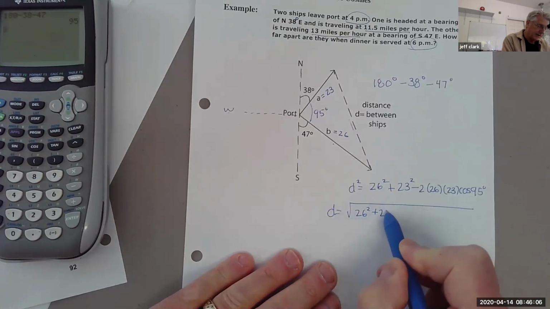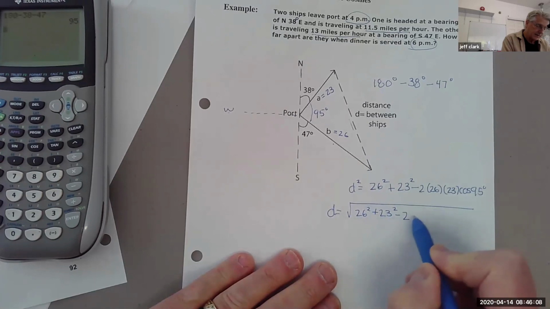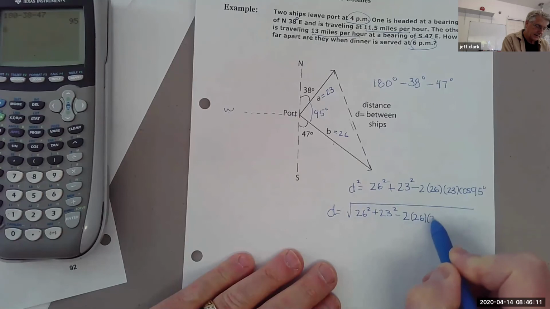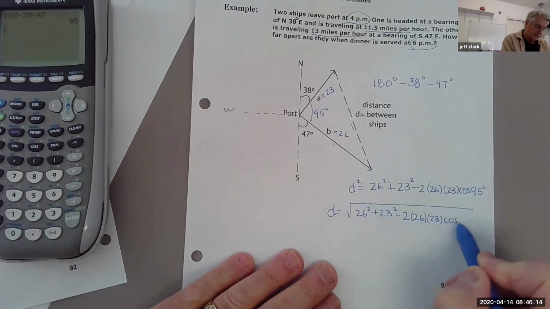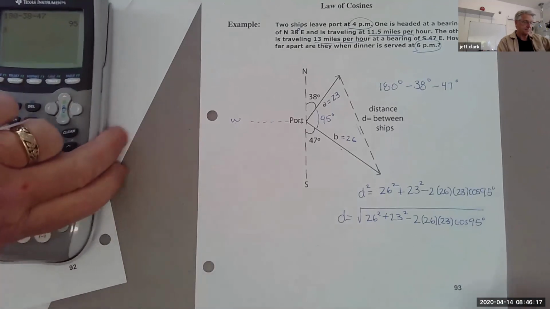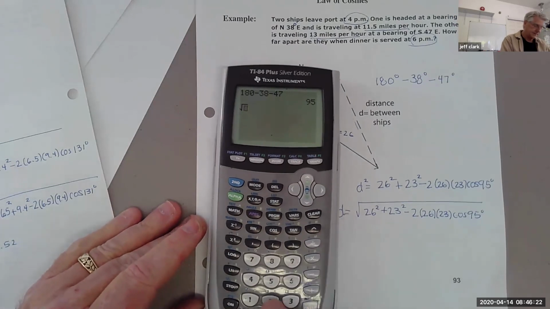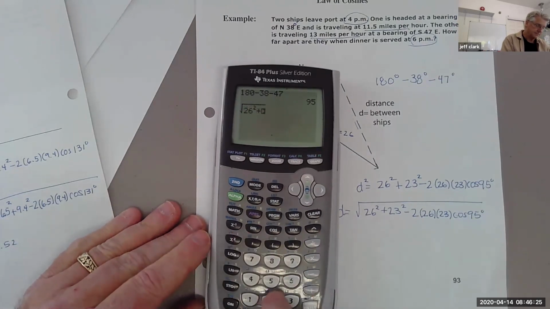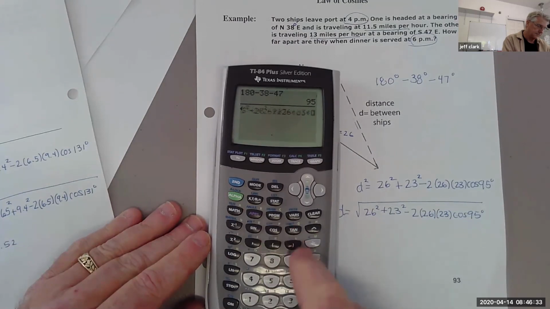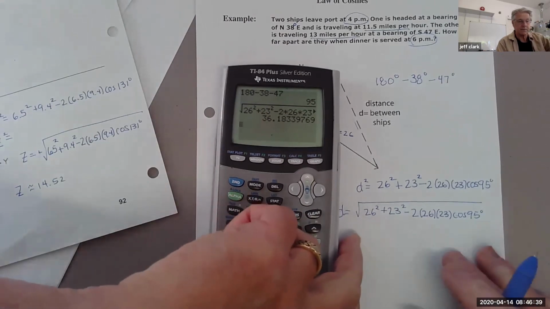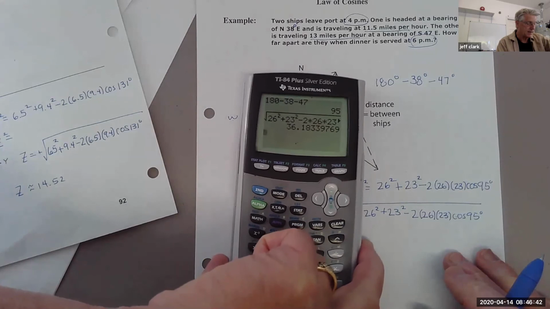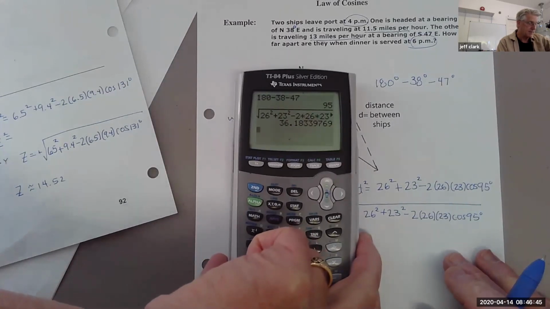Not even simplifying this, because I can type that right into my calculator. So second square root. Enter. Answer 36, let's say to the nearest mile. 36 miles.